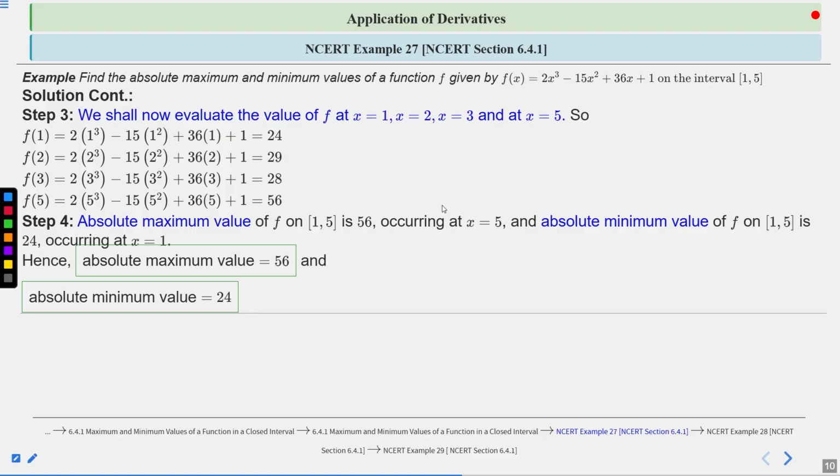Hence, we can say that the absolute maximum value is equal to 56 and the absolute minimum value is equal to 24. Hope it's clear to all.